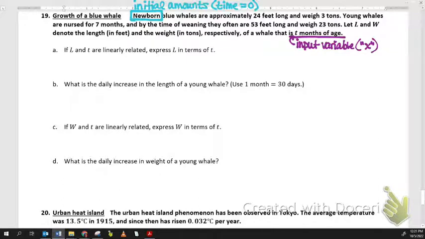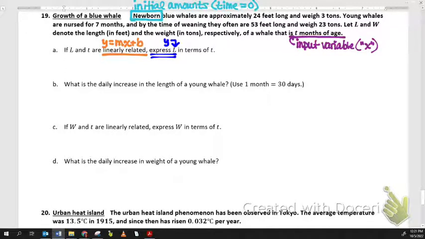If L and T are linearly related, express L in terms of T. Linearly related, I know I'm going over a y equals mx plus b equation here. Express L in terms of T. That means this is like my y.